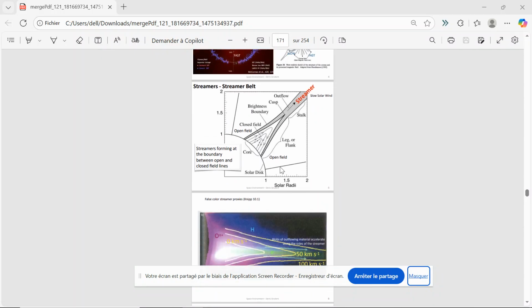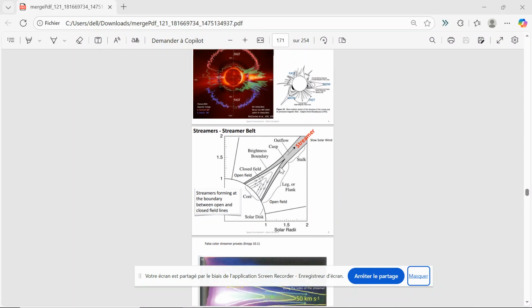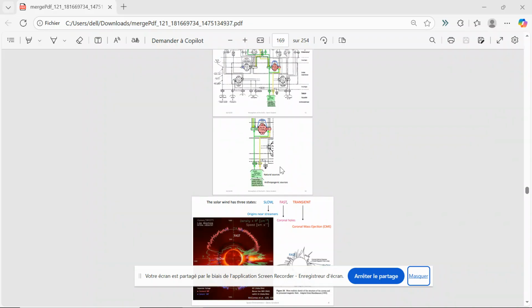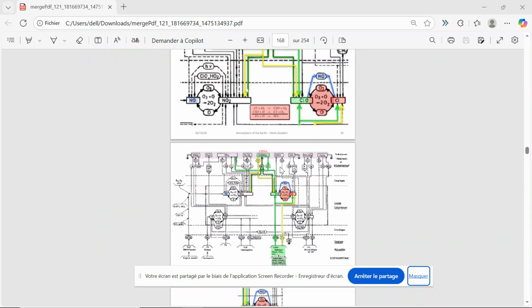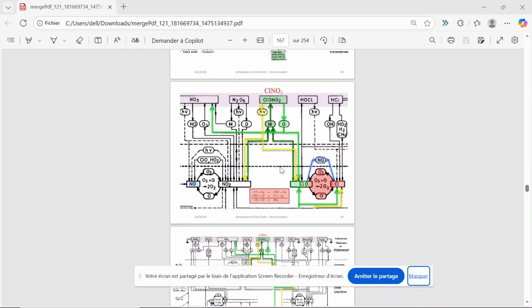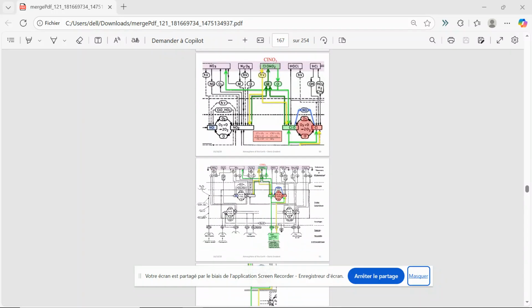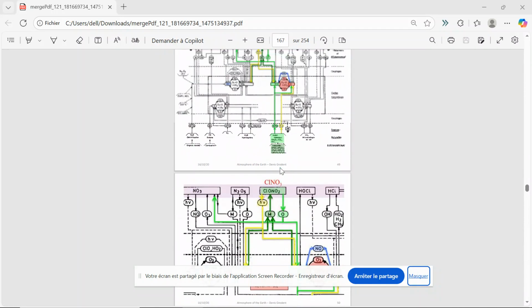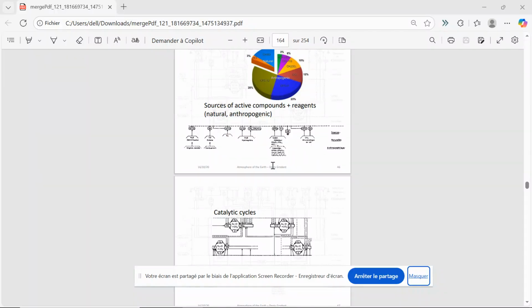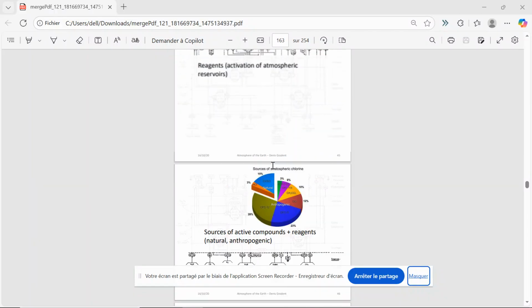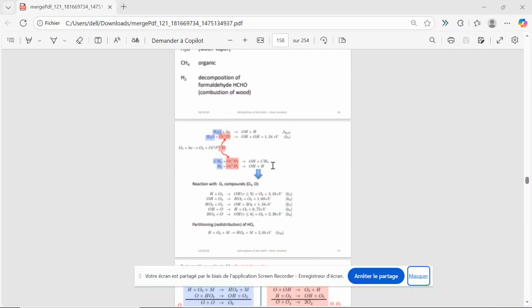This is the course where I have maybe learned the most amount of things. The ozone production and destruction was a very hard topic also.